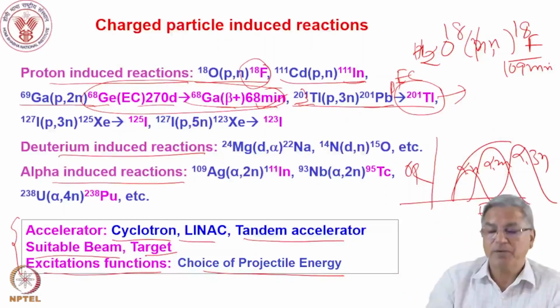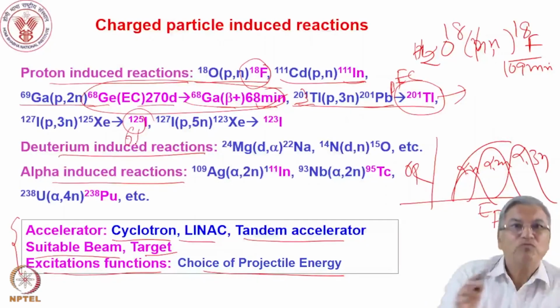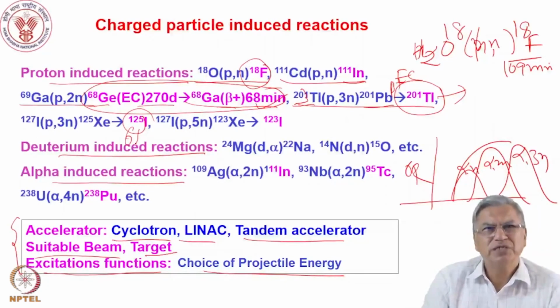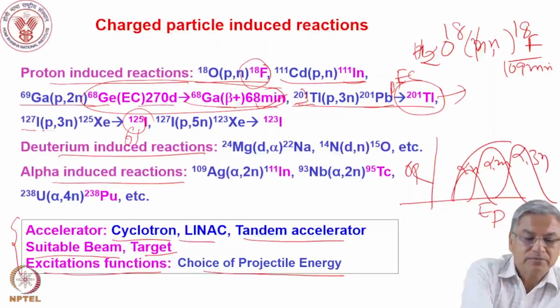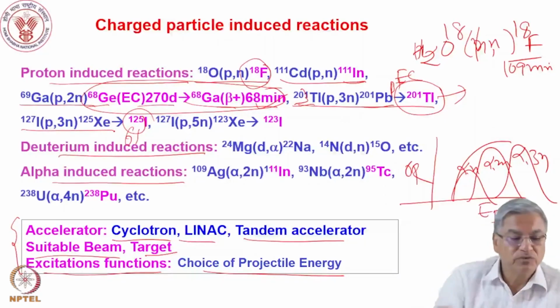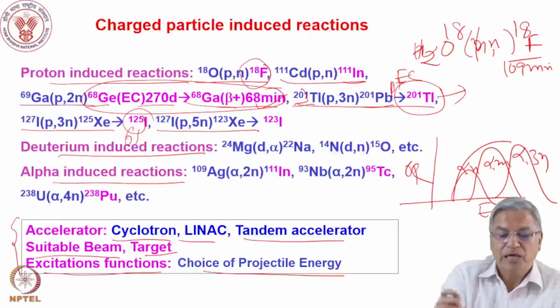With a scintigraphy camera, iodine-125, with a 60-day half-life, is another isotope of iodine used; it emits a low energy gamma ray and is used in radioimmunoassay, like for thyroid hormones. Iodine-127 with a p,3n reaction gives xenon-125, which decays to iodine-125.